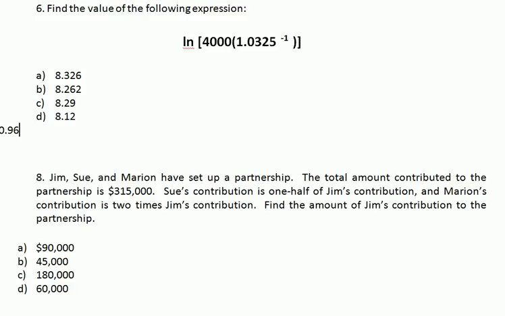So I'm just going to round it up to 0.969. So that's the first bit. That is 1.0325 to the negative 1. So that is in effect 1 over 1.0325.